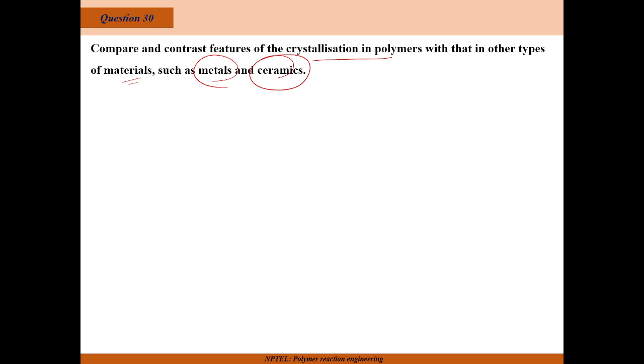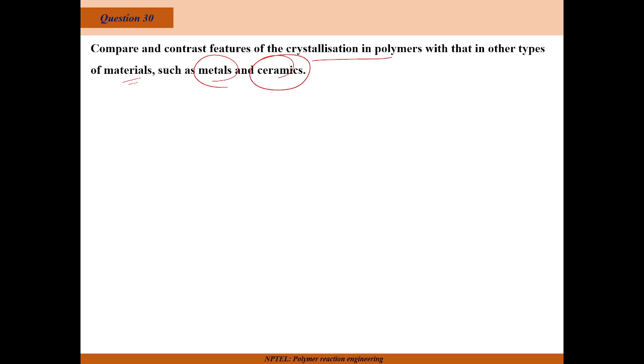So the basic unit for a polymer is the monomer. But when it comes to metals and ceramics, specific atoms are arranged in a particular way, so the basic unit is atoms for metals and ceramics. Here it is monomers, or even a combination of molecules forming a basic unit.